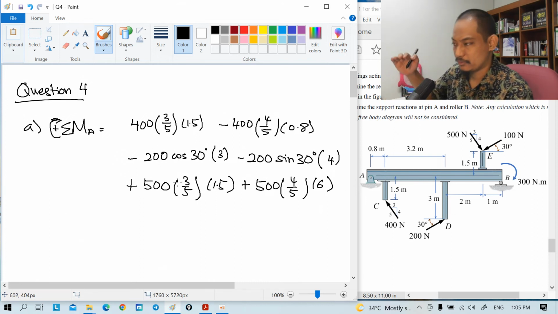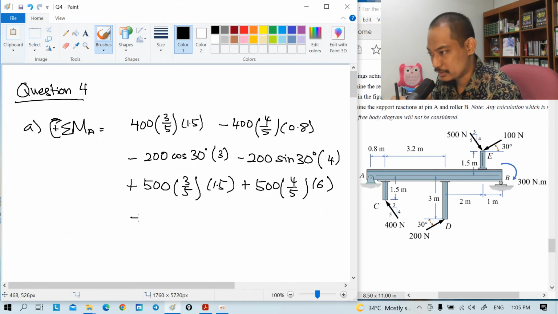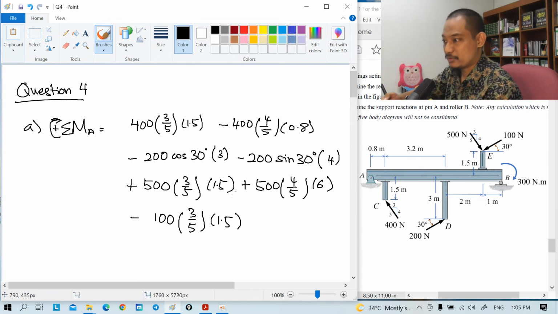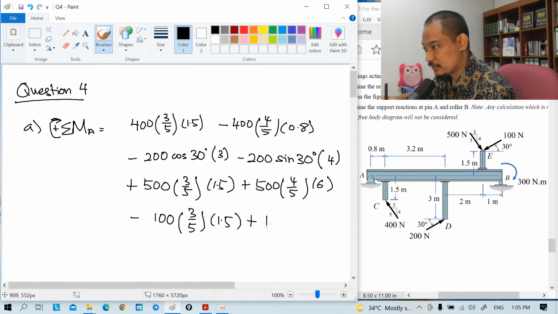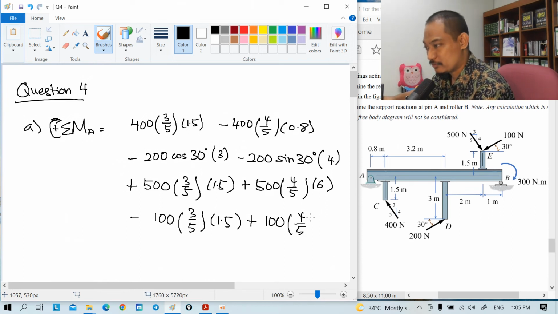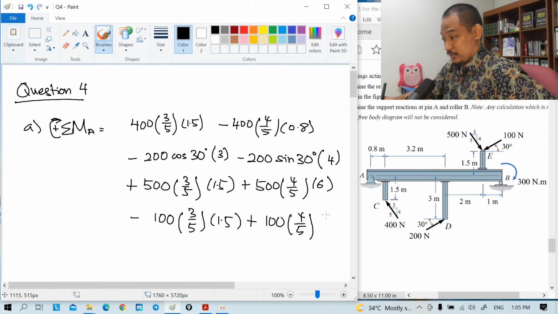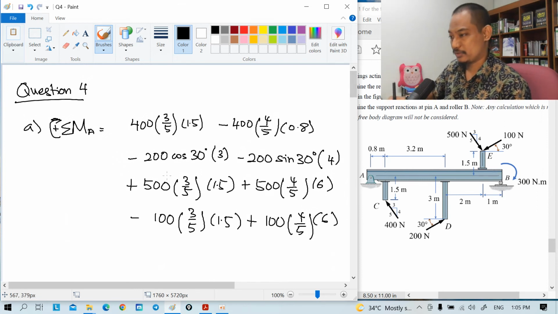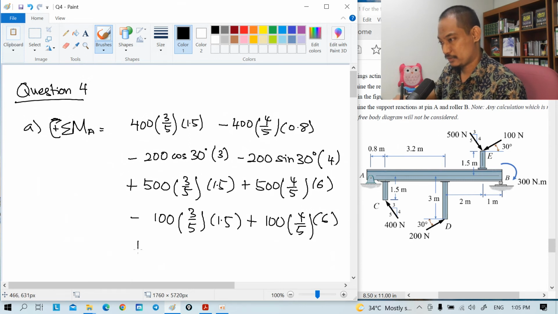And then the horizontal 100 becomes negative 100 times 3 over 5 times 1.5, and the vertical down, positive 100 times 4 over 5 times 6. And then we have this 300 Newton meter there, so plus 300 Newton meter.